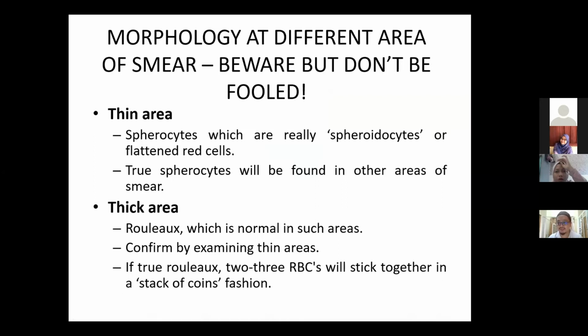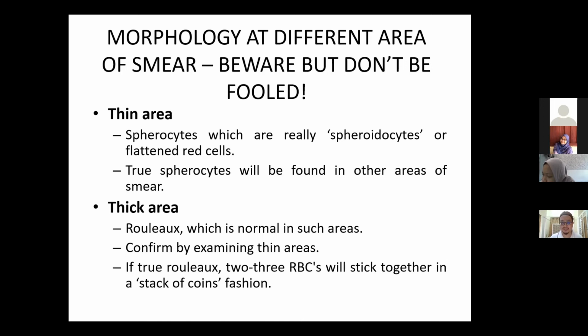Don't be fooled by certain presentations. In the thin area there is a common conundrum: we can see what we might term spherodocytes, small flattened red cells, which could be misinterpreted as spherocytes, whereas they are not.